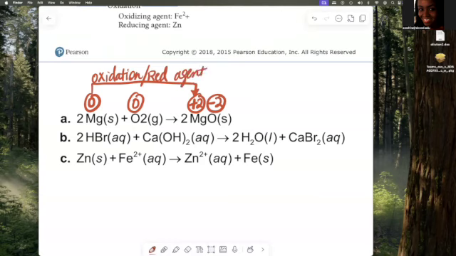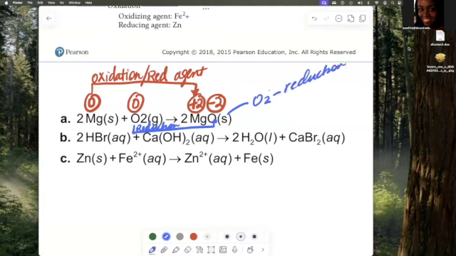Okay. That means a different color for the other one here. Oxygen goes from 0 to -2. This is undergoing reduction. I'll say here, oxygen is undergoing reduction, and it's also the oxidizing agent.